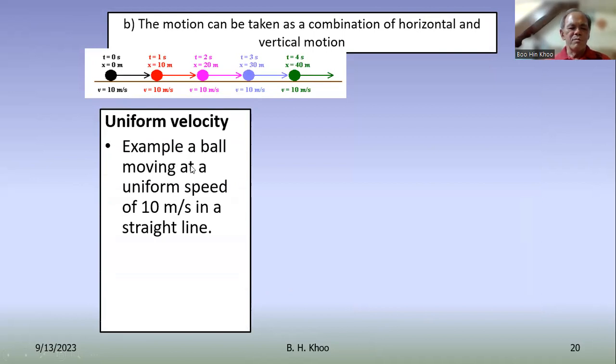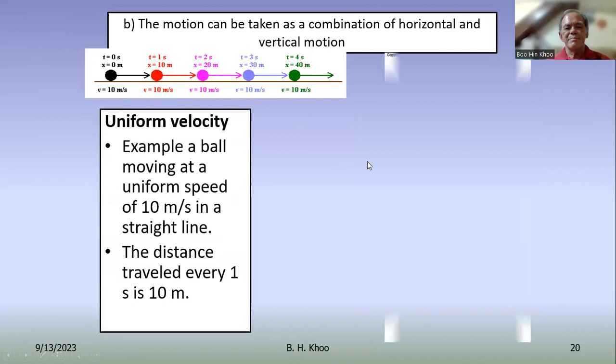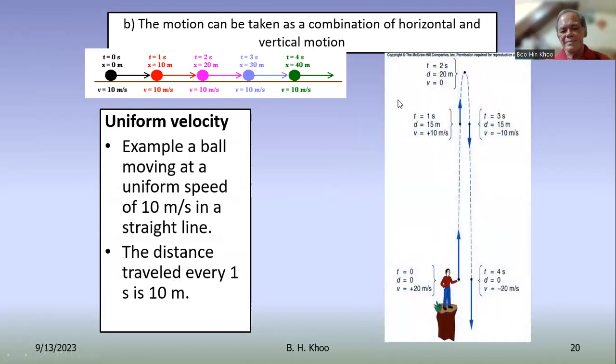an example of a ball moving at uniform velocity of 10 meters per second in a straight line. So the distance traveled in 1 second is 10 meters. 1 second, 10 meters. And we combine. Right? A person throwing a ball at 20 meters per second.